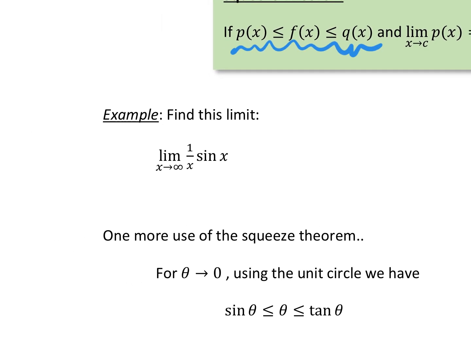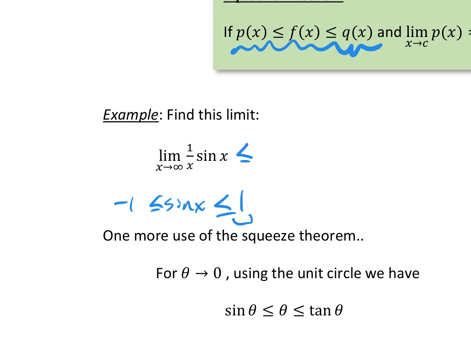So here's what we can say. We know that sine x is always between positive 1 and negative 1. The biggest that sine can be is positive 1. The smallest it can be is negative 1. All right. Well, that means this. That means that when sine x is 1, that's the biggest this can be.